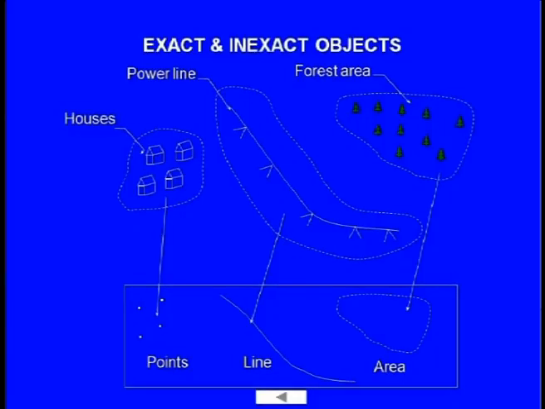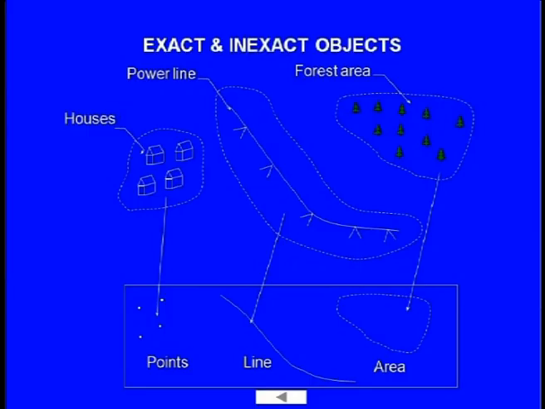So, these would be treated as discrete and identifiable objects, but they do not have a spatial extent. These may be represented conveniently as a point. However, the power line being a continuous string of information passing over a given range, the same can be represented as a line, while the forest area may have a variety of information.